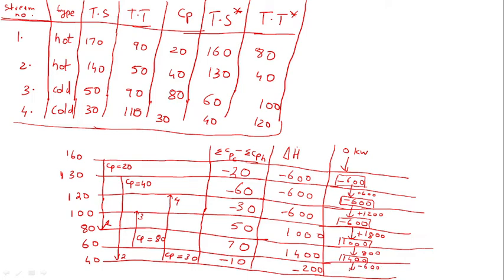Then we need to add this to minus 200. Then 400 would be released.